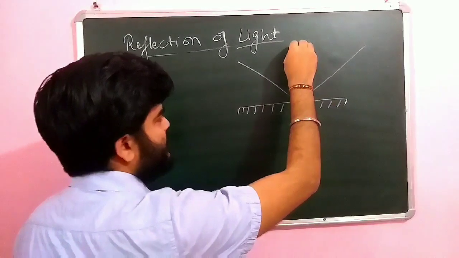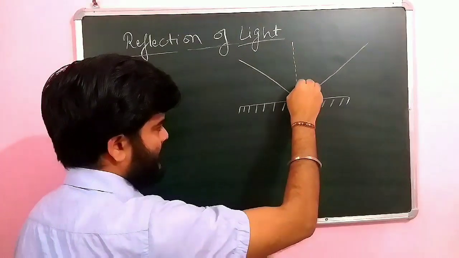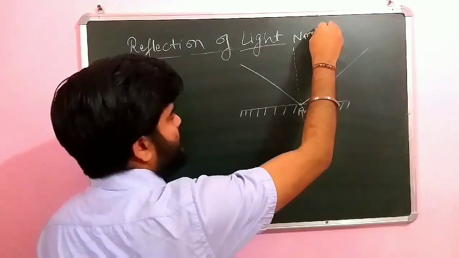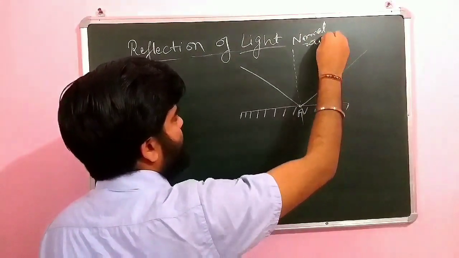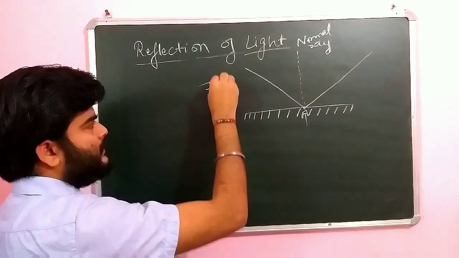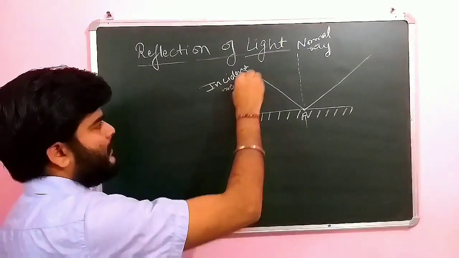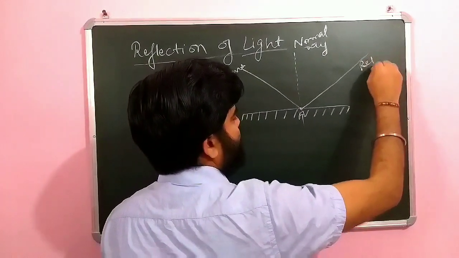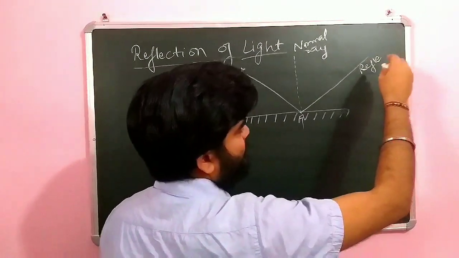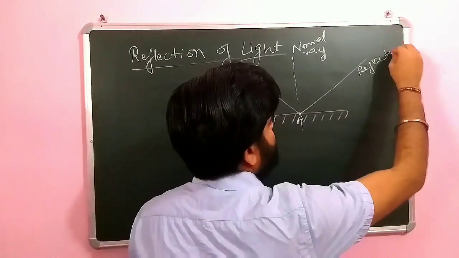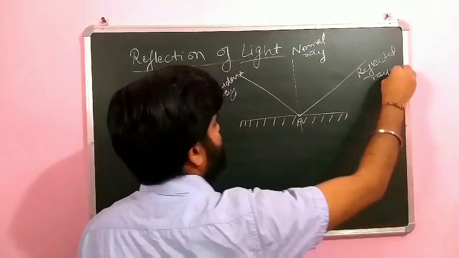See, if this is the normal ray, this is the incident ray, and this is the reflected ray which got reflected after incidence.